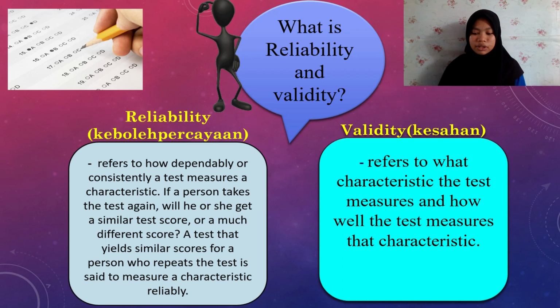It means that reliability is the characteristic of the set of measurement that relates to the accuracy of the score. Reliability is a measure of the stability or consistency of the test. You can also think of it as the ability for a test or research findings to be repeatable.